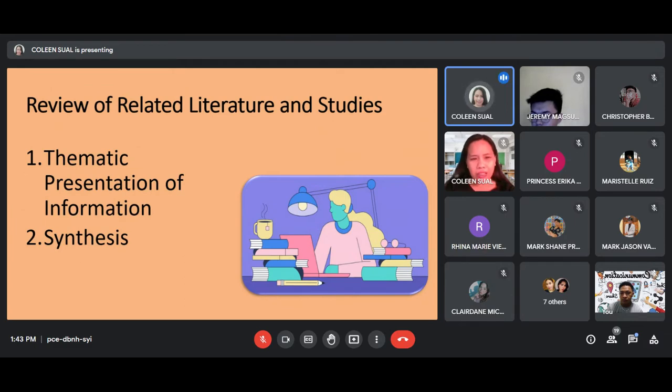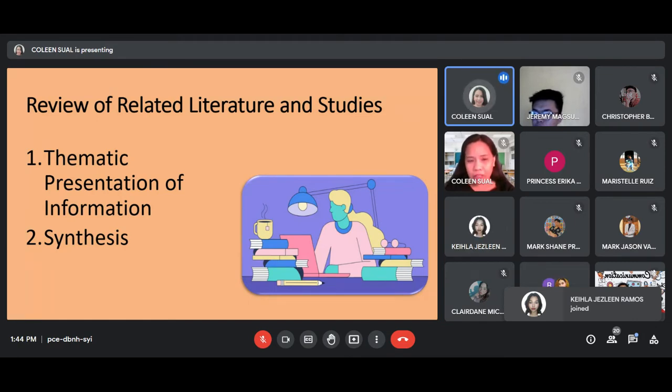Then in the second part, review of related literature and studies, you will create headings. You gather data related to your topic. You classify the data according to their proper headings. You create themes. You thematically present the information and synthesize the information.